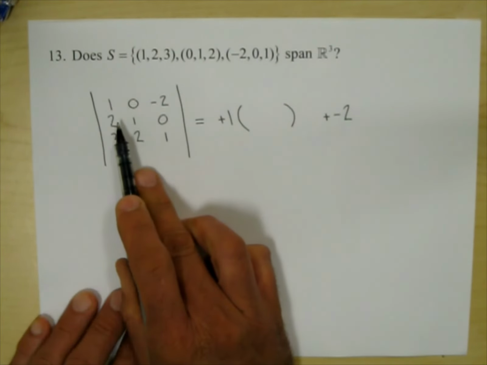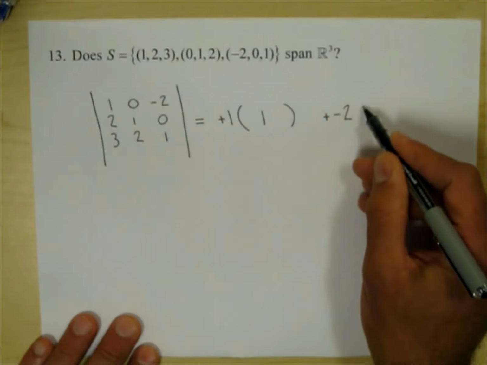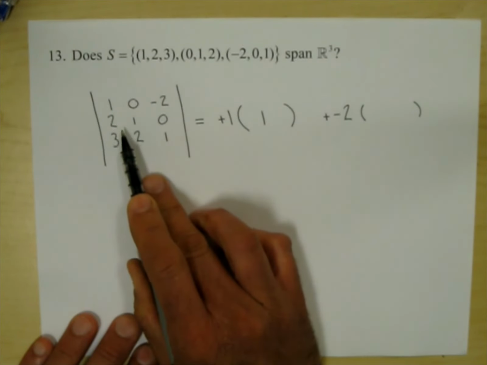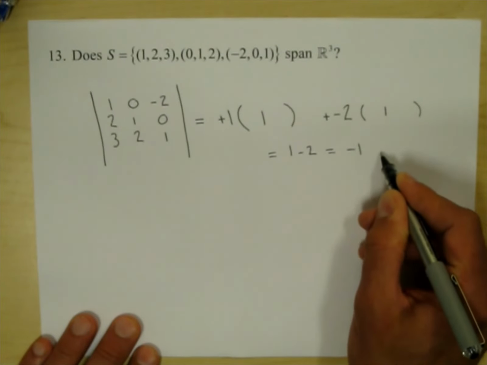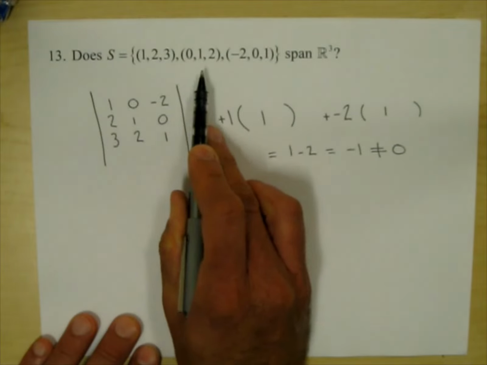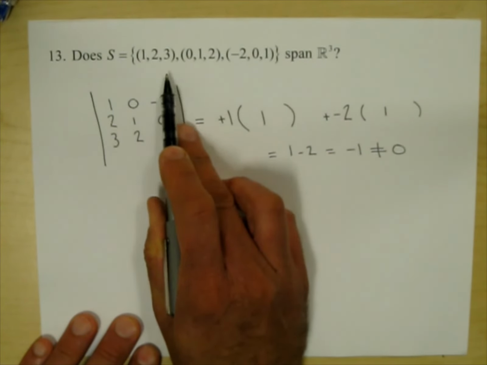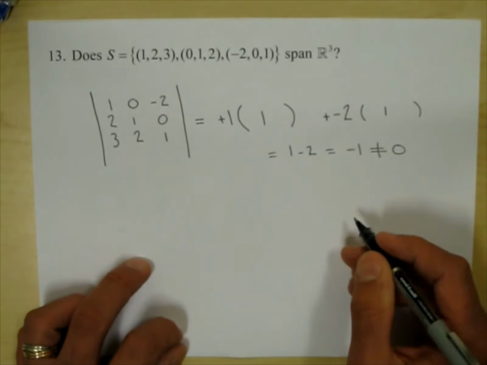And then I'm going to find the minor here, so this is going to be 1. And over here, I'm going to find the minor on this one. It's going to be 4 minus 3, which is 1. So I have 1 minus 2, which gives me -1, which does not equal 0, which tells you these three vectors do not lie in the same plane.